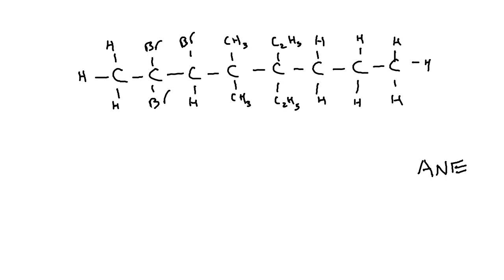So here I'm just going to do it in red. There's my longest chain. 1, 2, 3, 4, 5, 6, 7, 8, octane. So this is clearly octane, no doubt about it.